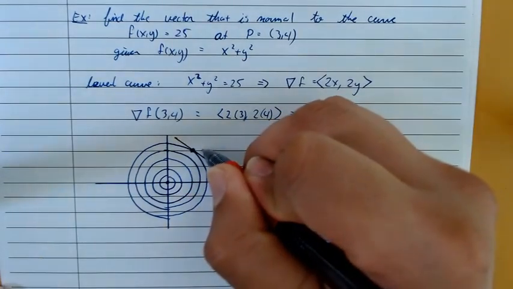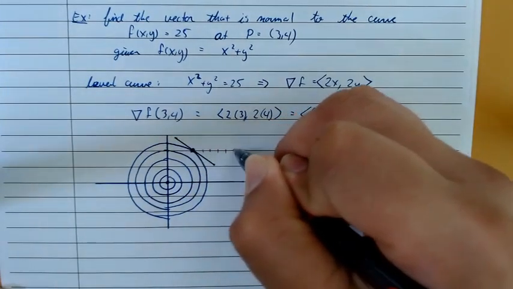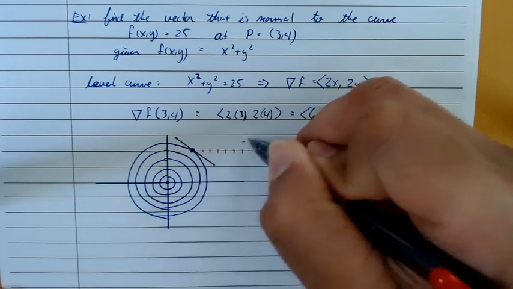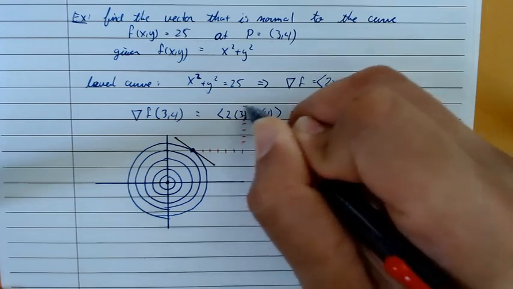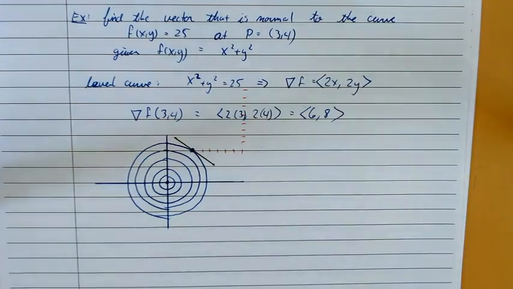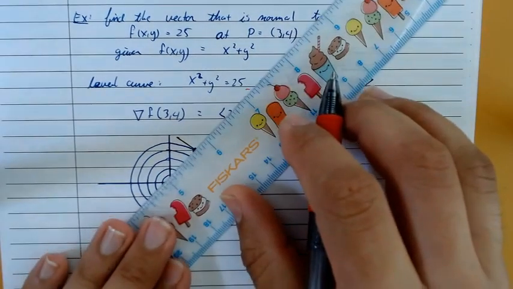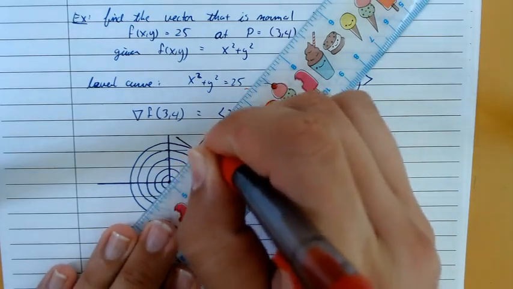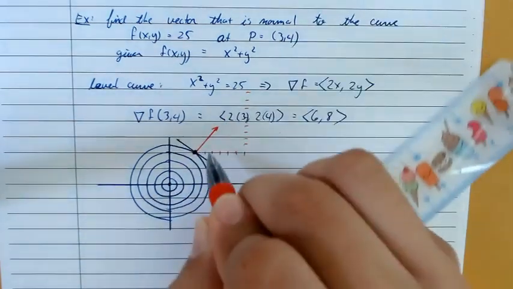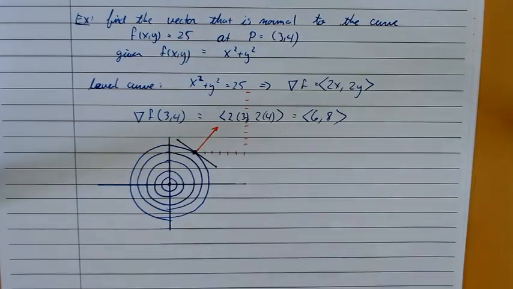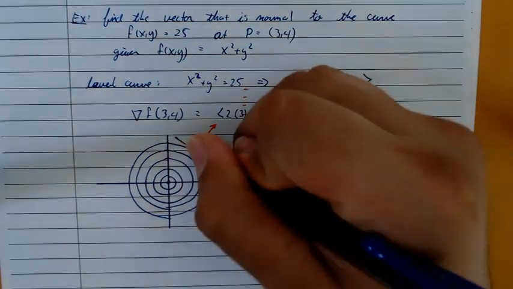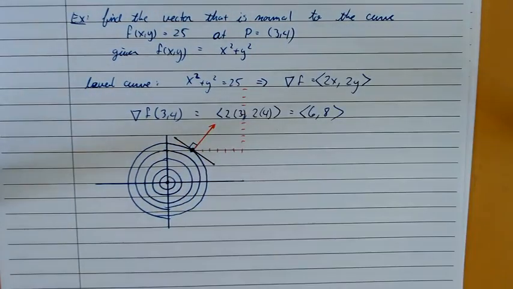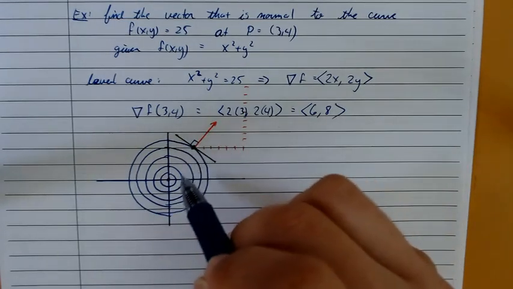So that would be 1, 2, 3, 4, 5, 6, and then up 1, 2, 3, 4, 5, 6, 7, 8. And your vector would go up from here going up that way, which even with my crude drawing, really does look like that's orthogonal, doesn't it? Note that it's not going toward the center.